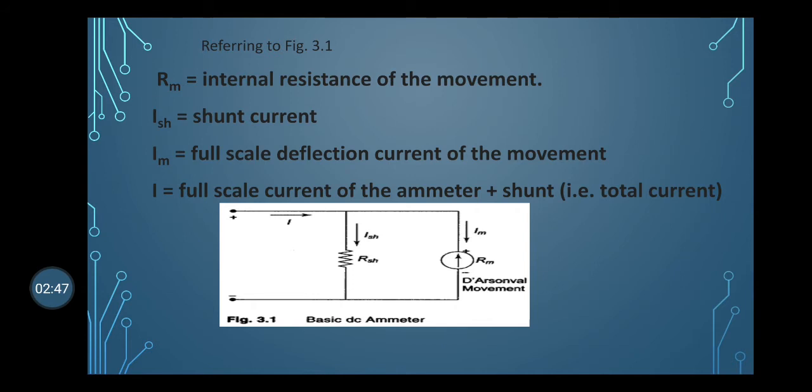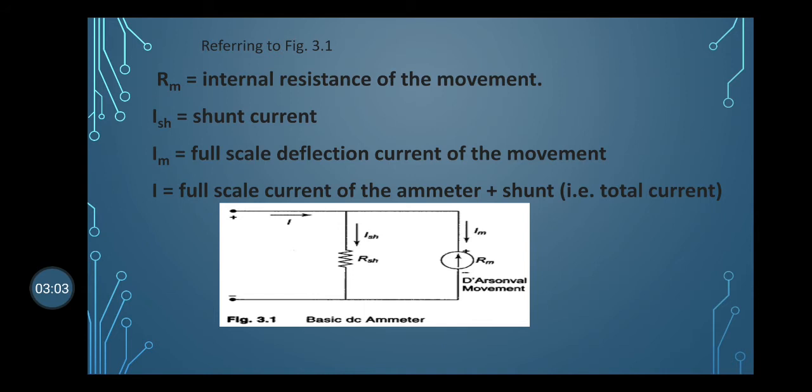Ish is the current flowing through the shunt resistance, that is shunt current, and Im is the full scale deflection current, that is the current flowing through the meter movement.